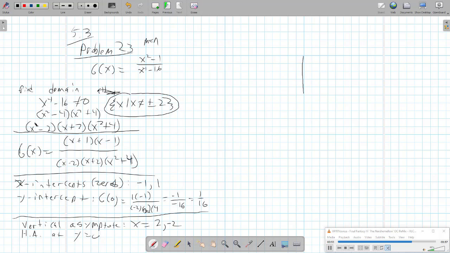Alright then, let's draw some axes. As far as drawing the asymptotes, we have one at 2, so I suggest you do a dotted line for it, because it's not actually part of your graph, it's just a guideline. We have one at negative 2.